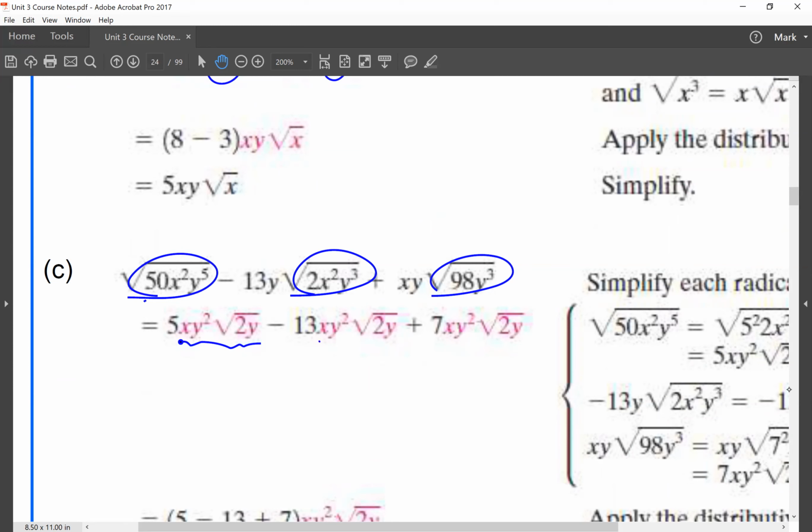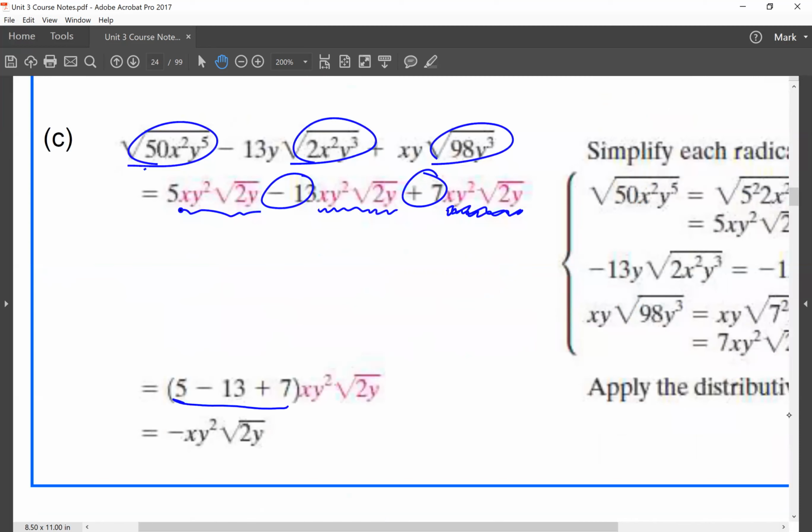And as the student just said, I think it was Nasser, these have to be exactly the same. The numbers don't matter, but the variables, the x's, the y's, the roots, they all must be the same. So 5 minus 13 plus 7 is, what's that going to give us? A negative 1. So if you're wondering where the number went down there, 5 minus 13 plus 7 is a negative 1.